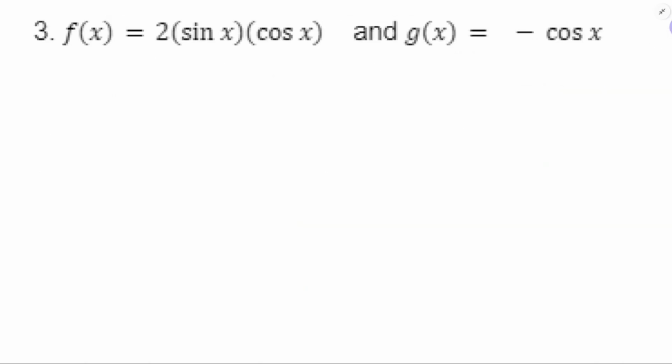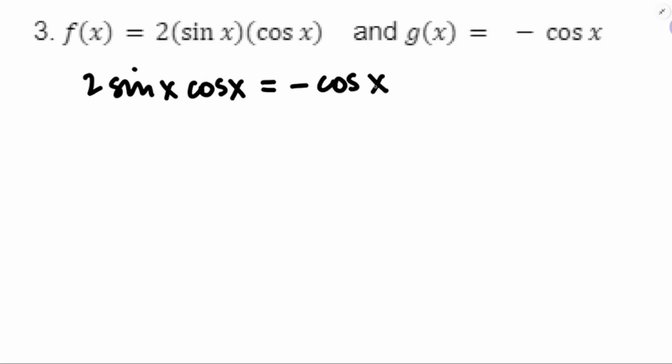All right, now this one: 2 sine x cosine x equals negative cosine x. We're going to start by setting them equal to each other. I'm going to add cosine x to both sides to get it set to 0.